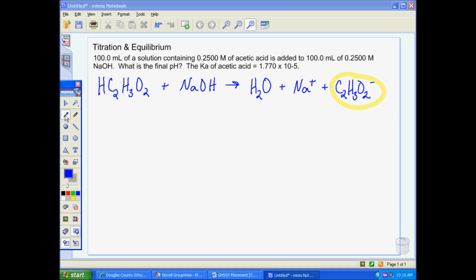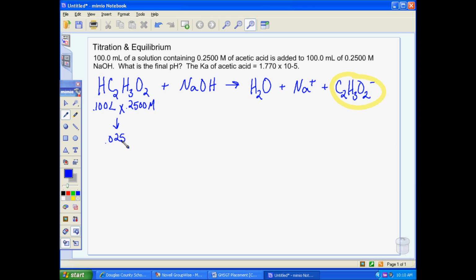So we're going to take 0.100 liters, I've changed the milliliters to liters, times the concentration of this 0.2500 molar to get 0.02500 moles of acetic acid.